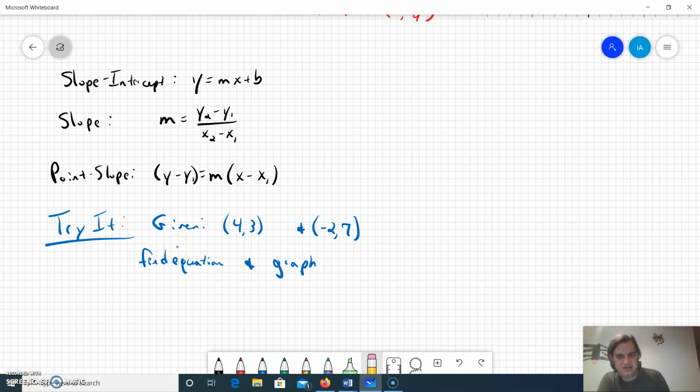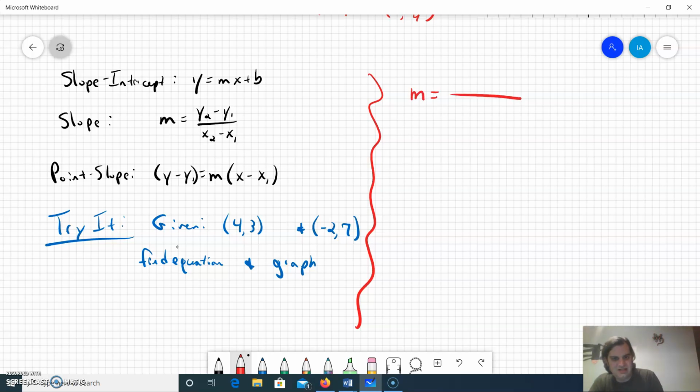Alright, so you can check yourself here, and you can try and match up with what I've got. What we know is we were given 2 points, so we can use the slope formula. We can label these as x1 is 4, y1 is 3, x2 is negative 2, and y2 is 7. So our slope formula is 7 minus 3 over negative 2 minus 4, which gives me a slope of 4 over negative 6.